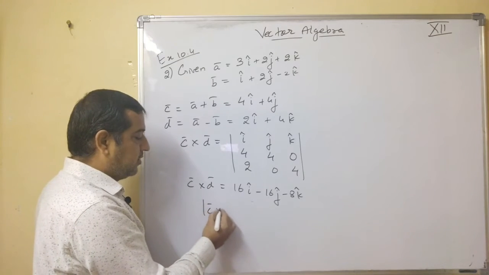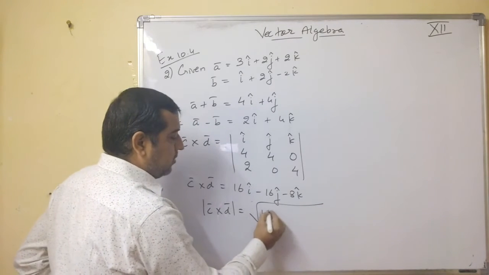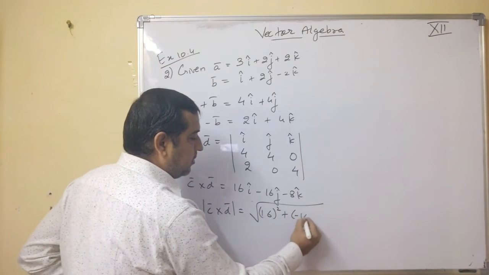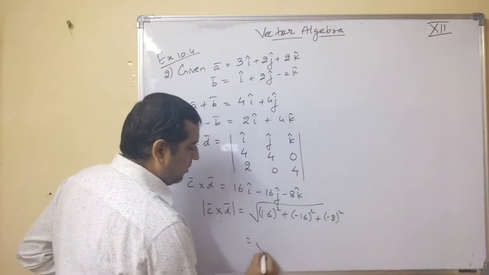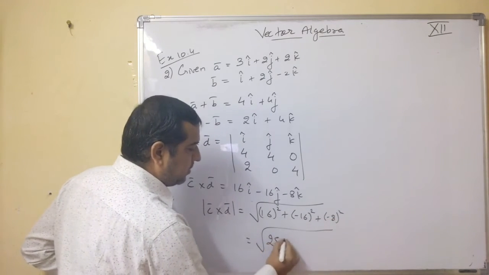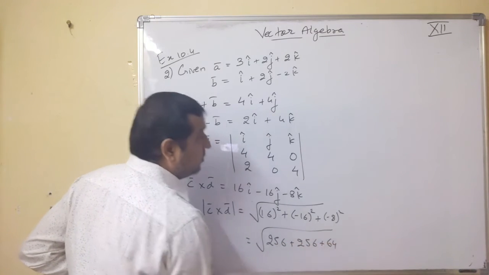So first of all, you find this magnitude. This is under root of 16 square plus minus 16 square plus minus 8 square. This gives you under root 256 plus 256 plus 64.